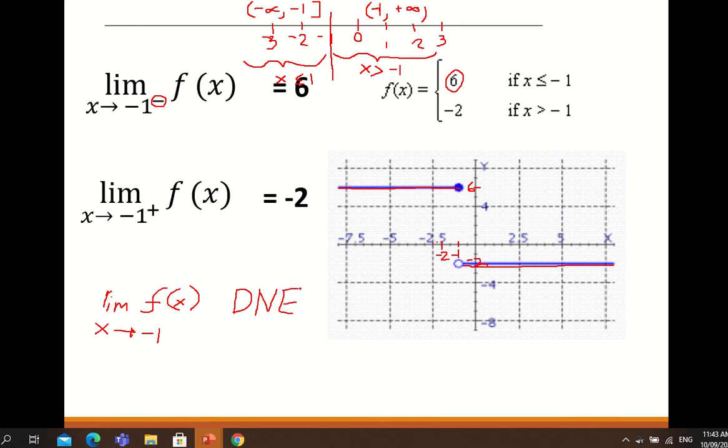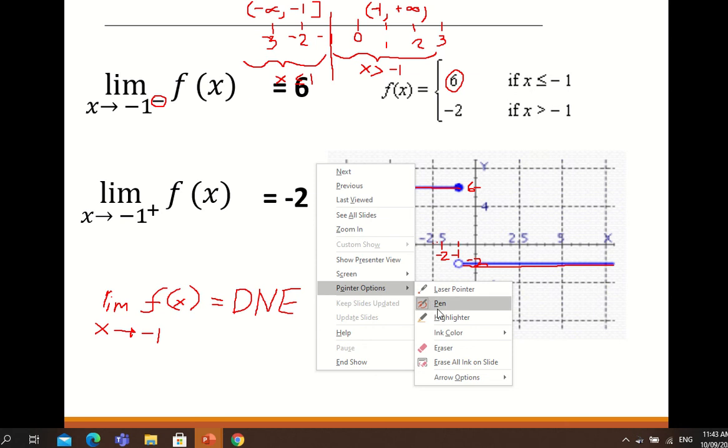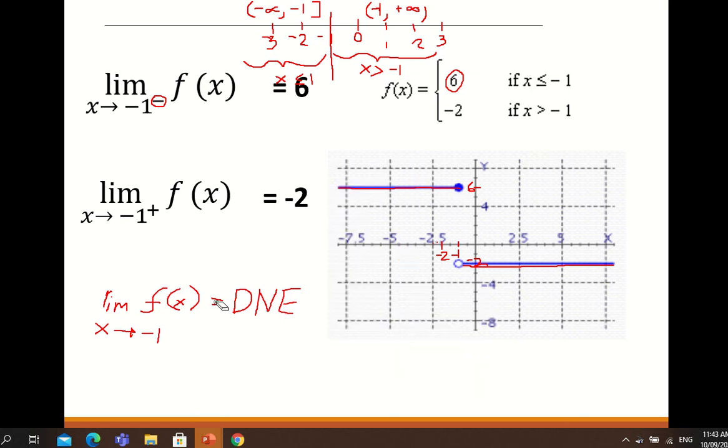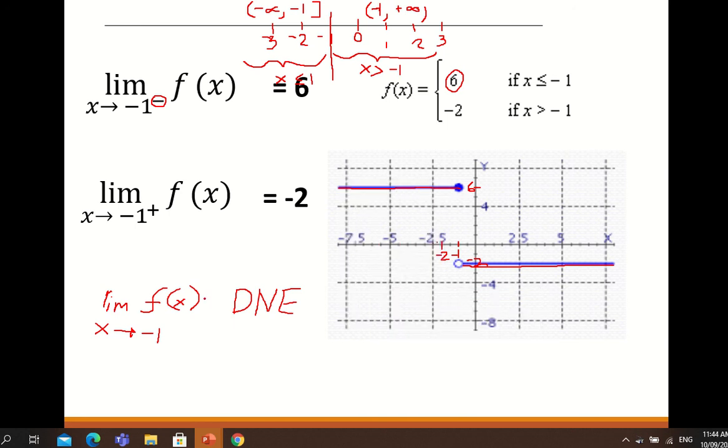Any questions? You don't have to put an equal sign here, class, because it's not correct. You just say that the limit of the function of x as x approaches negative 1 does not exist, or you may put an arrow to indicate that it doesn't exist.